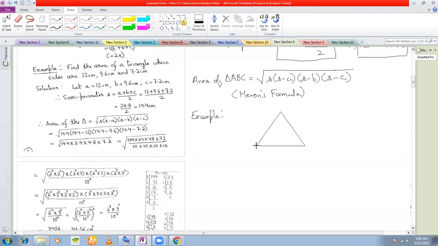The triangle looks something like this, and you have sides ABC. Let us take this side as 12 centimeter. Let us take this as 9.6 centimeter. You can take any order you want actually. And let us take this as 7.2 centimeters.